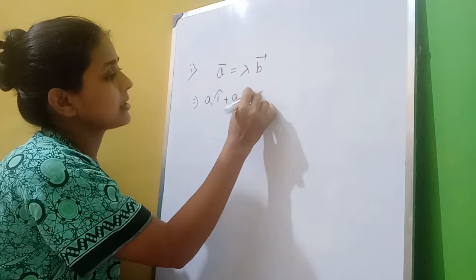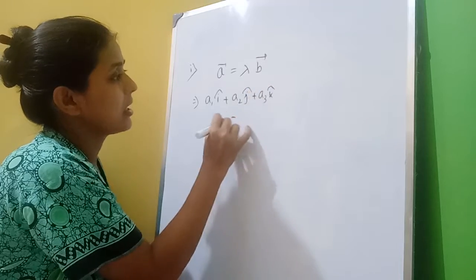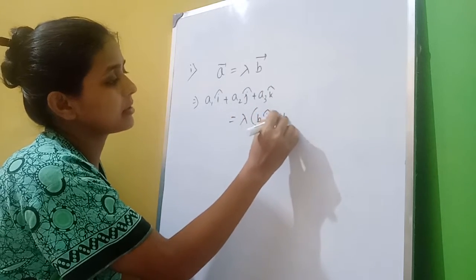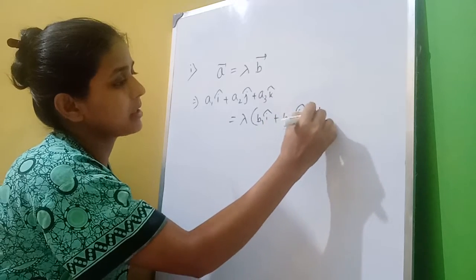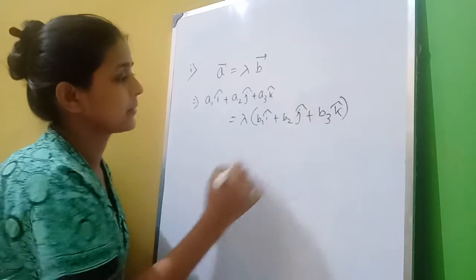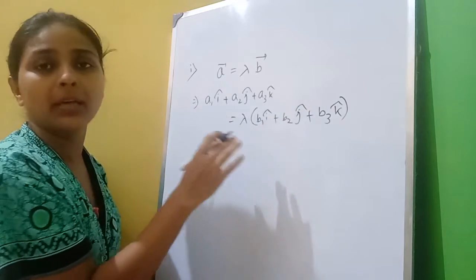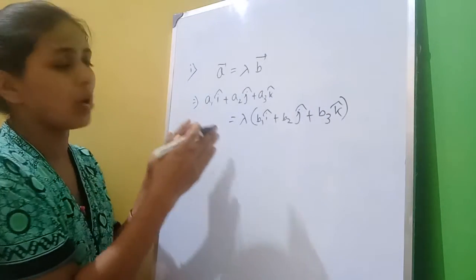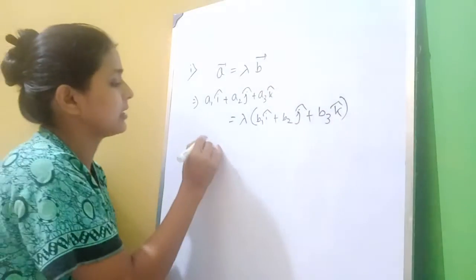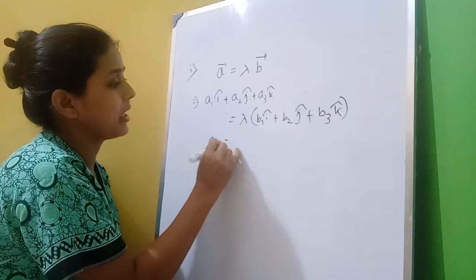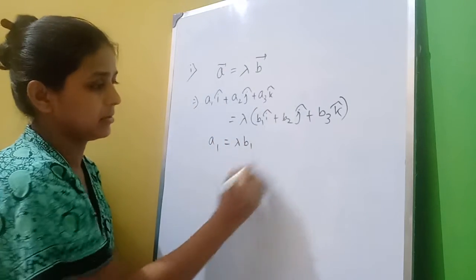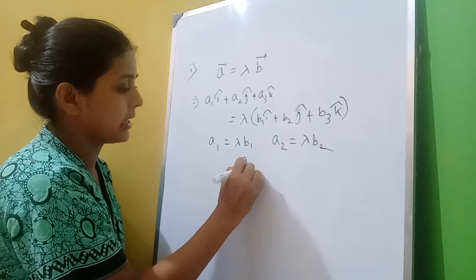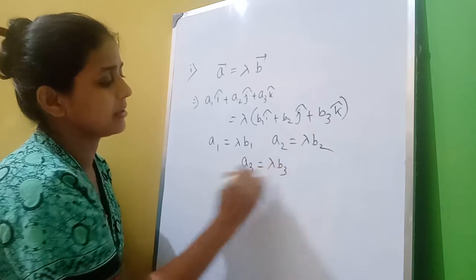Now we all know that A vector can be written as A1 i plus A2 j plus A3 k, and B vector as lambda into (B1 i plus B2 j plus B3 k). If we compare both sides, taking all different components together, we will get A1 equals lambda B1, A2 equals lambda B2, and A3 equals lambda B3.